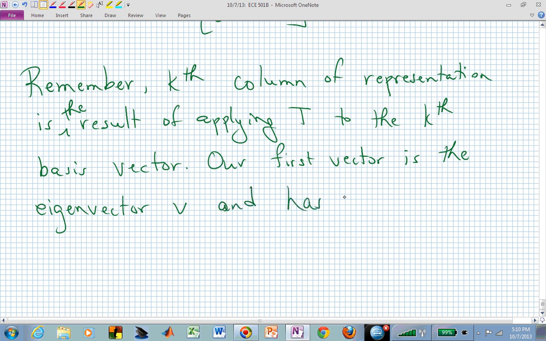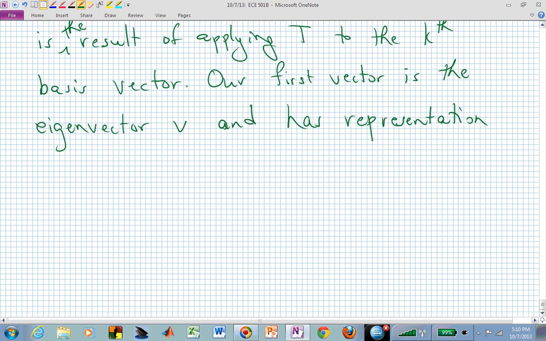And how do I represent V in terms of this newly created set of basis vectors?